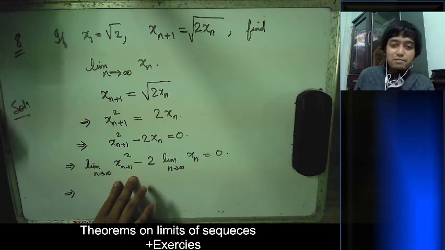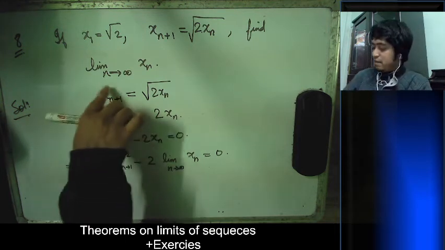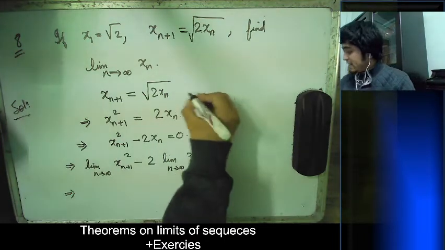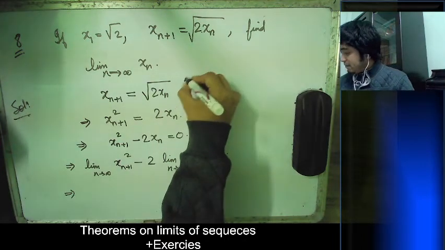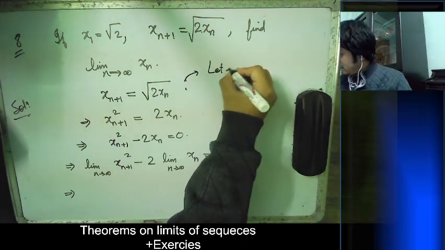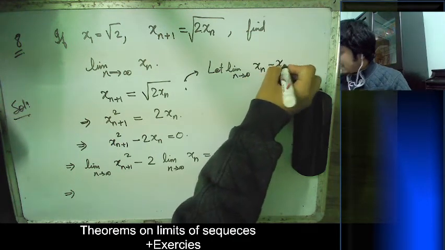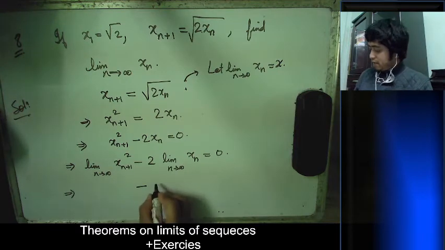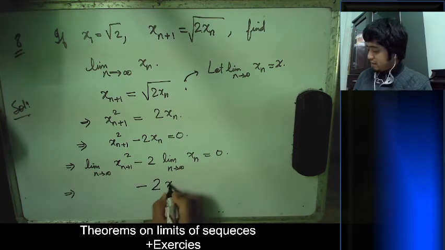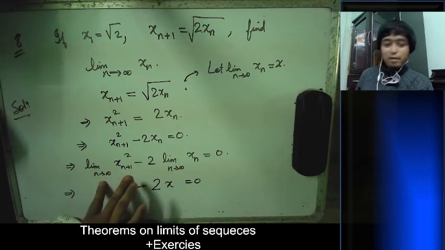Now, this is the crucial part. Since we need to find limit n tends to infinity of xn, the first step is: let limit n tends to infinity xn equal x. So over here you can easily write minus 2x equal to 0. But what about the limit of this one?